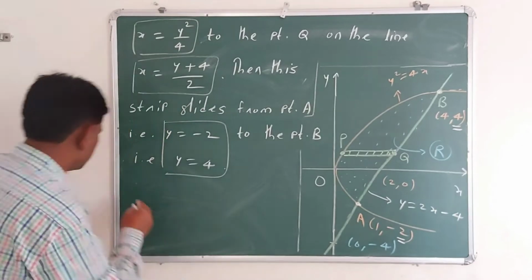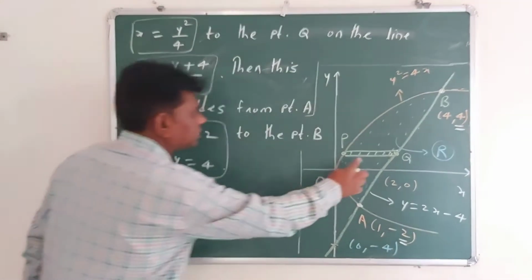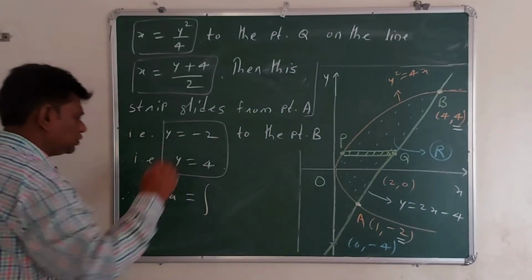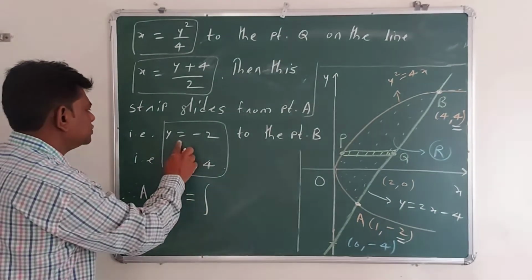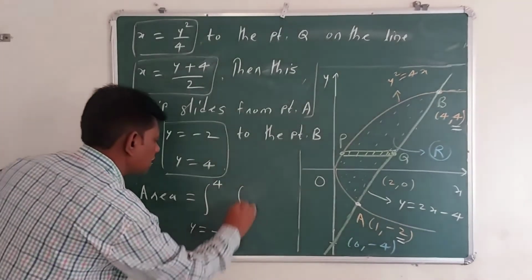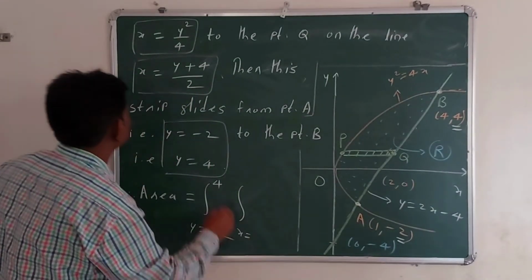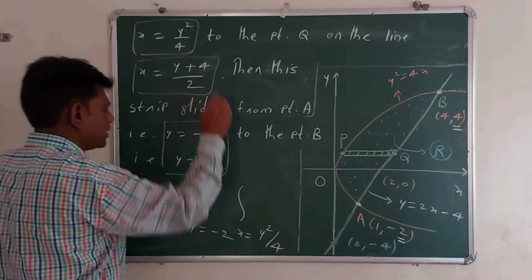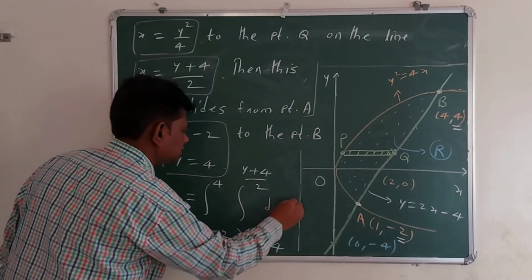So the area of the given region R is equal to the double integration over the region R of dx dy, with y from minus 2 to 4 and x from y square by 4 to y plus 4 by 2.